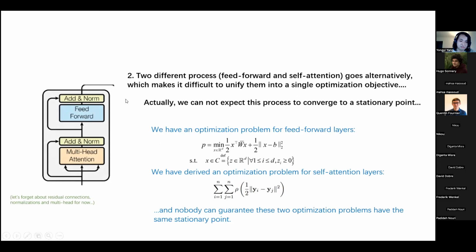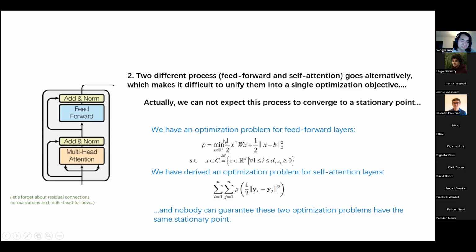I will explain why. The feed-forward network, as I showed at first, can be written as the unfolding of this optimization problem. And for self-attention, we have just derived an optimization problem in this way. So these two components are optimizing two different energy functions, and nobody can guarantee that these two energy functions have the same stationary point. So it's likely they will not converge to a stationary point.